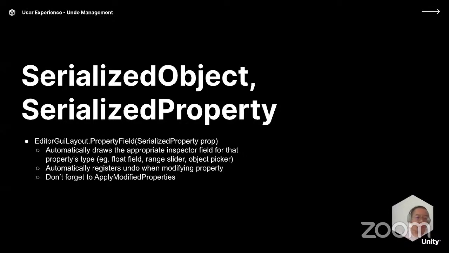PropertyField in your EditorGUILayout will automatically pick the correct field type, whether that's a slider or a float field, so you don't need to write code to say I want an object picker or a float field. The PropertyField will automatically pick the right one. And yes, the undo handling is automatic, which is really nice.